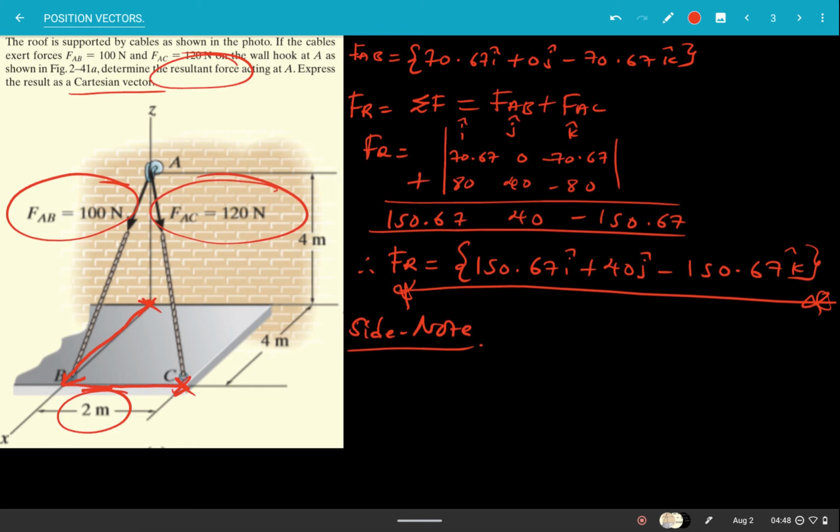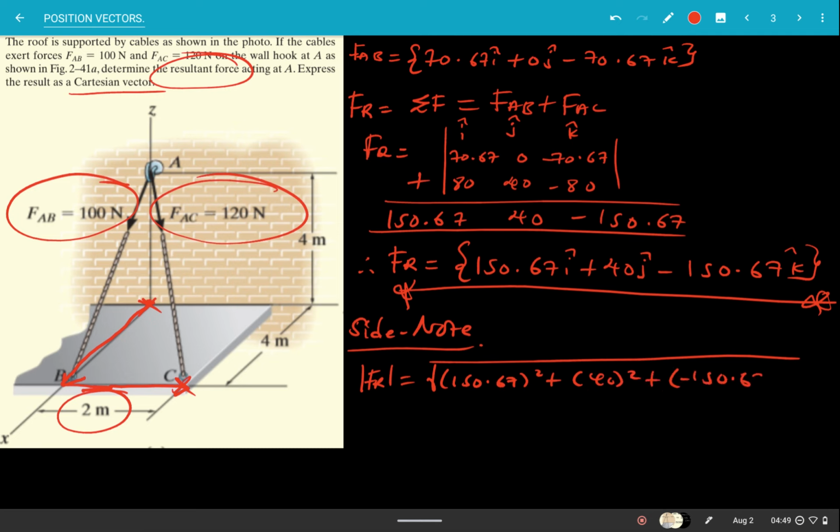So if they say determine the magnitude of the resultant, I'll just say, okay, magnitude of the resultant is equal to the root of what I'm having, which is 150.67 squared plus 40 squared plus minus 150.67 squared. And the magnitude of my resultant will be 216.8015171.